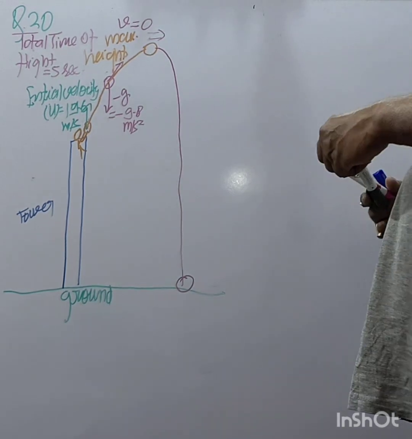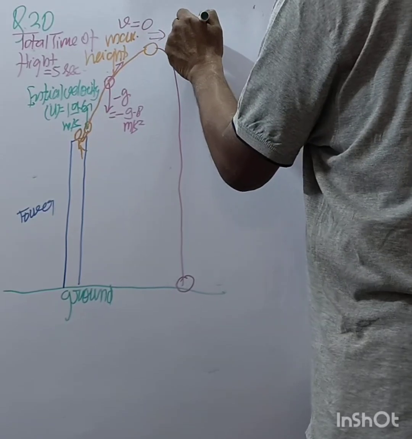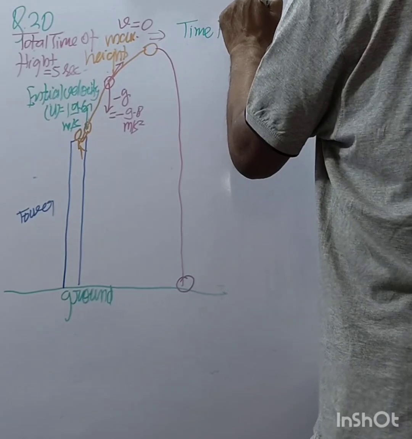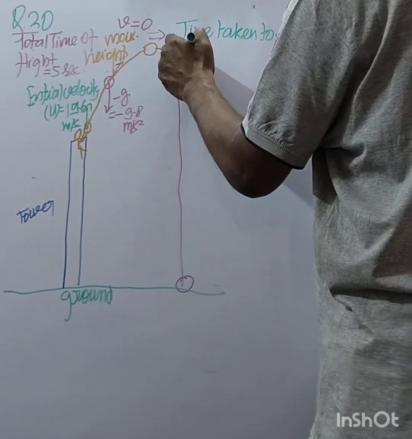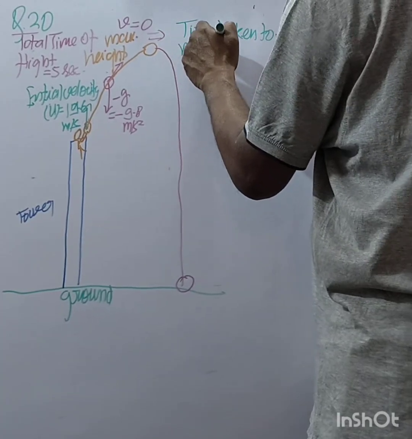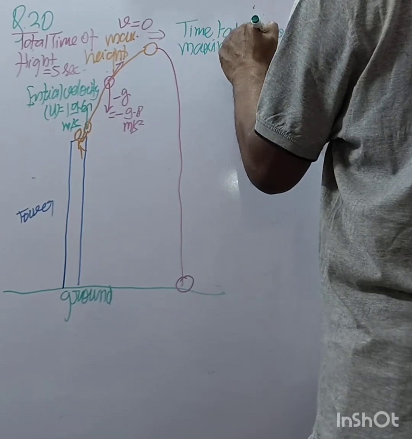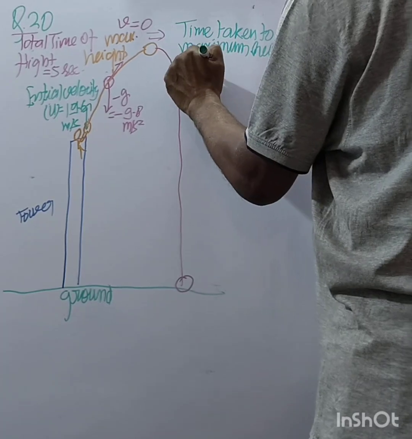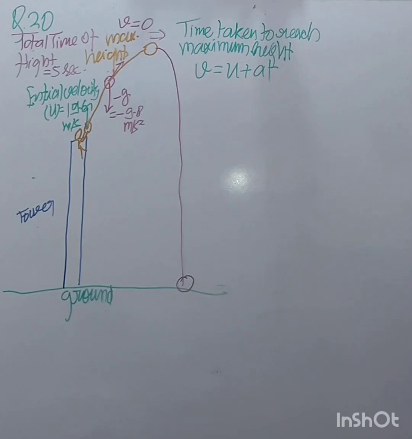So the time taken to reach maximum height. So v is equal to u plus at, right?